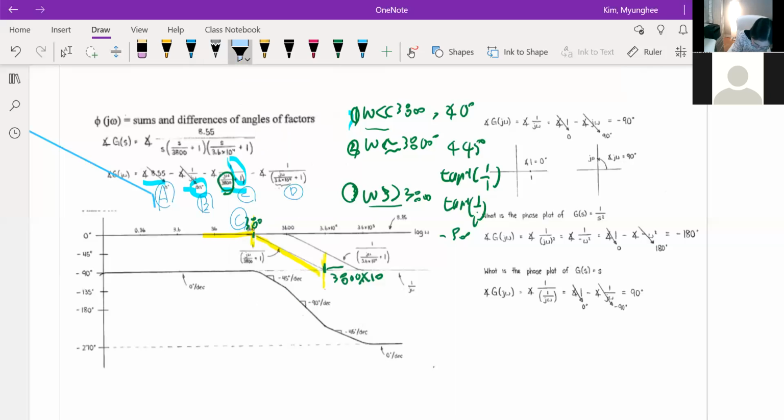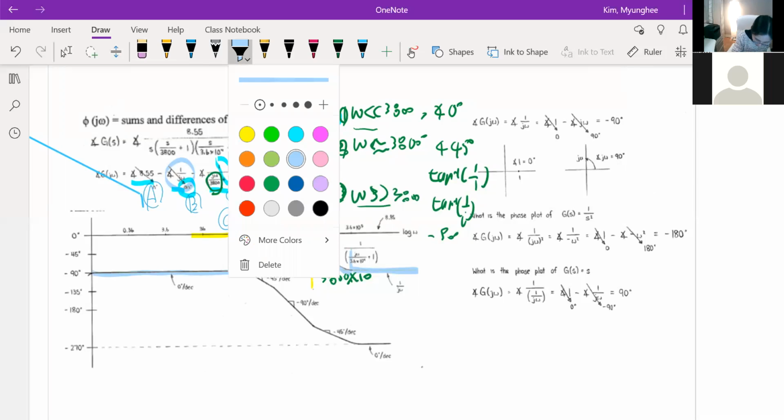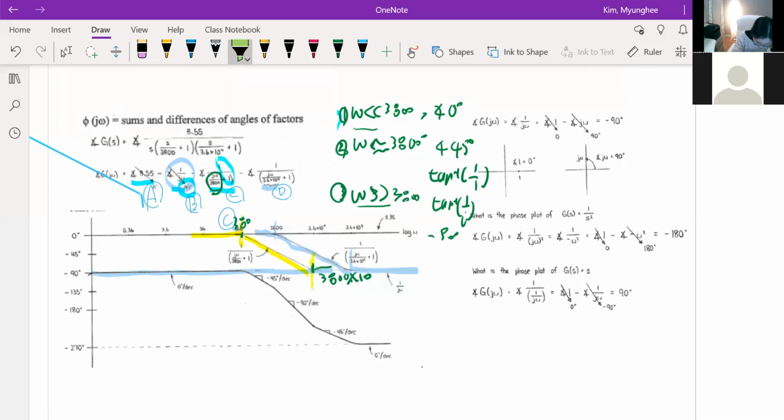Until 3.6 K, it's 0, and then about 10 times higher than that, it becomes negative 90, and in between is 45 degrees. And then don't forget about the negative 90 degrees due to the j omega contribution.